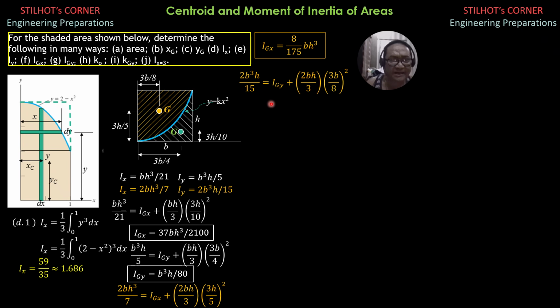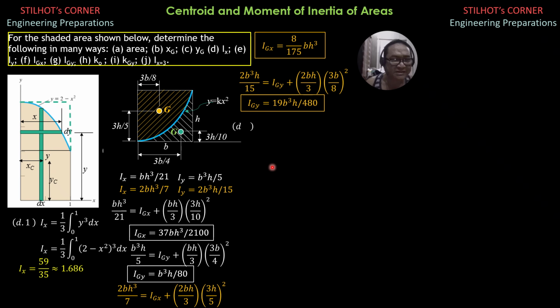If you simplify that, Igy is equal to 19 over 480 b cubed h. These are additional formulas to remember, because I'll use them in another method of solving for Ix.